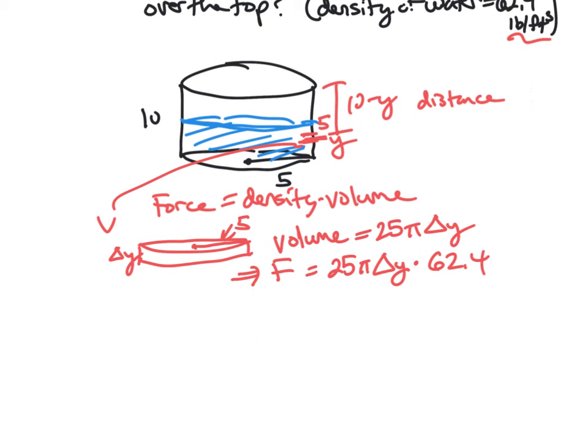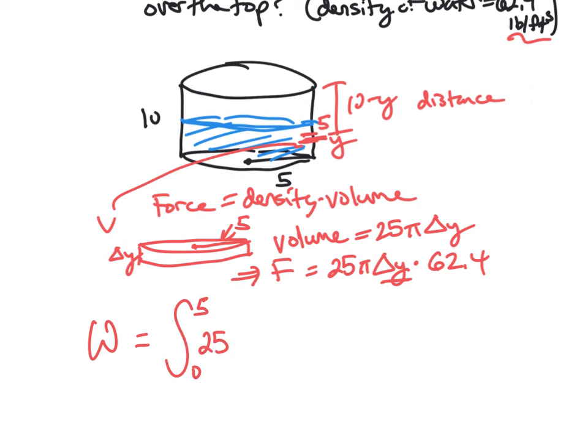Okay, so what do we end up with? Well, our delta y is going to be our dy, and for our integral for the work, what y values do we care about? Well, y is 0 at the bottom of the tank, and y is 5 halfway up. So we're going from 0 to 5. And our force times distance, again, the delta y becomes our dy.